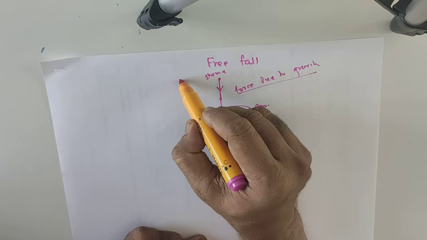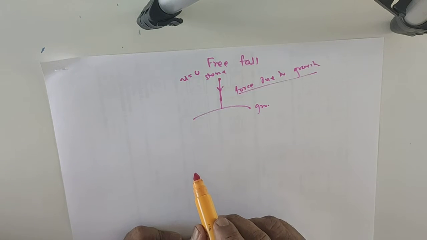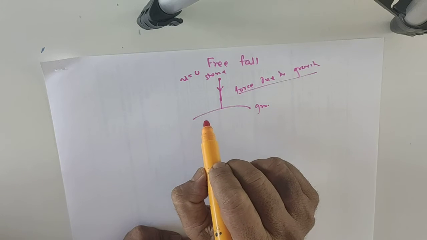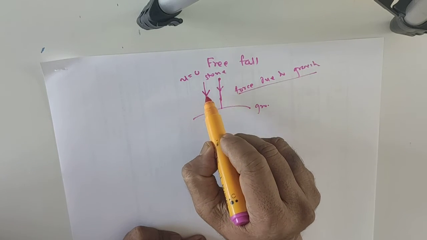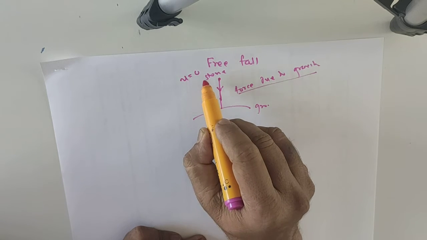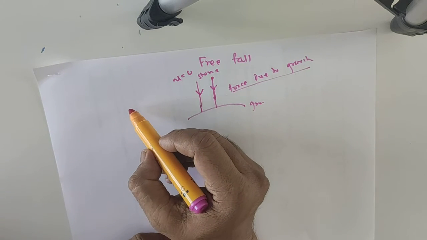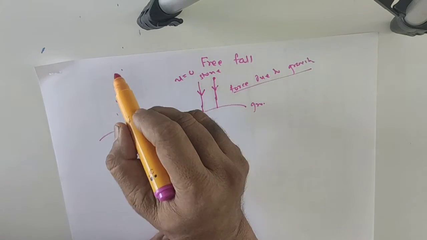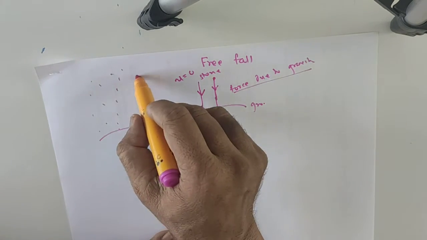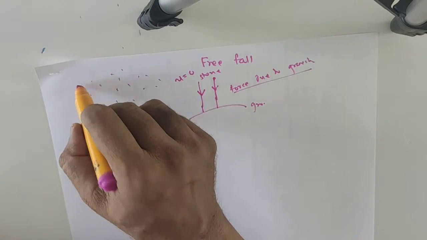Here the initial velocity is 0. Due to acceleration, the velocity goes on increasing when it moves towards the ground. We know that from the surface of Earth there is atmosphere, therefore there are air layers.